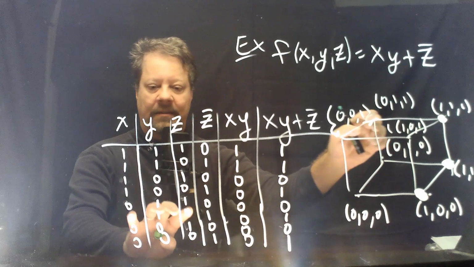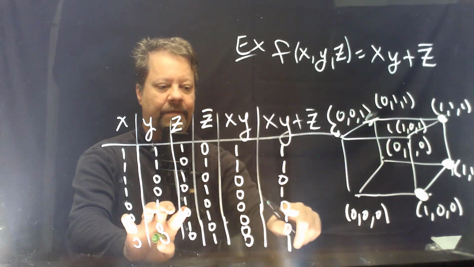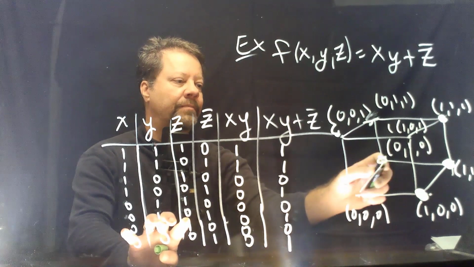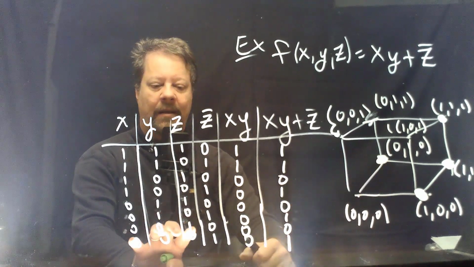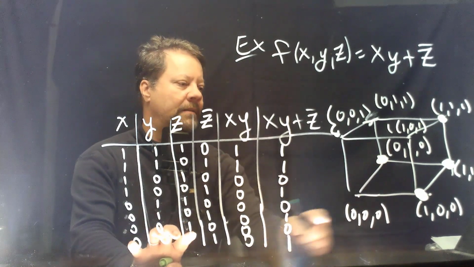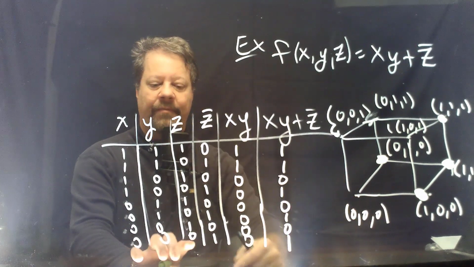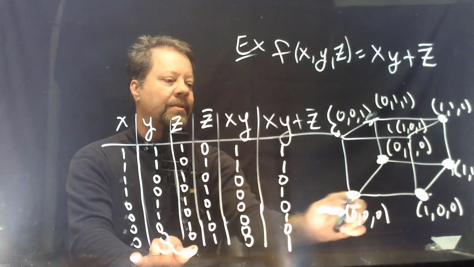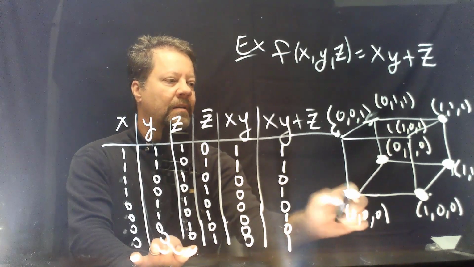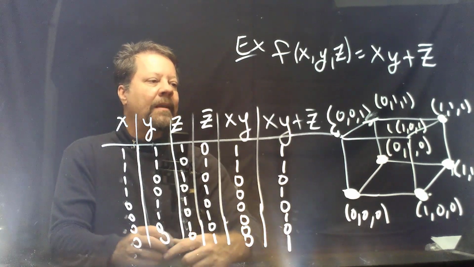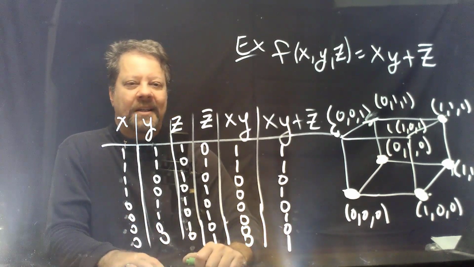But 0, 1, 1 is false. 0, 1, 0 is true. 0, 0, 1 is false, and 0, 0, 0 is true. So only these 3 corners do not get shaded in the 3 cube in this case.